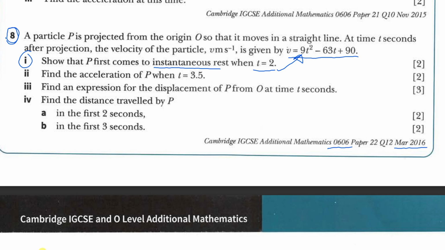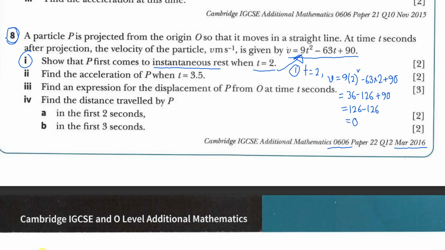Let me check. We are going to put t equals 2. Then what is the velocity? Let me find out: 2 squared, minus 63 into 2, plus 90. We can use a calculator to do that. 9 times 4 is 36, then minus 126, plus 90, and 90 plus 36 is 126, minus 126, which gives us 0.